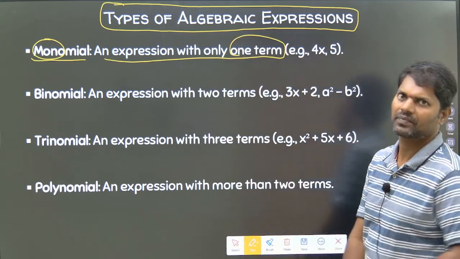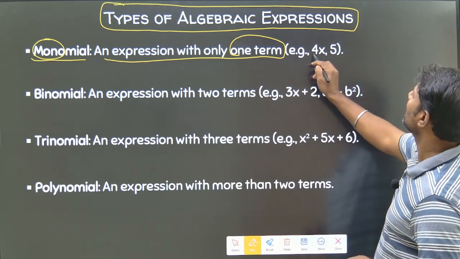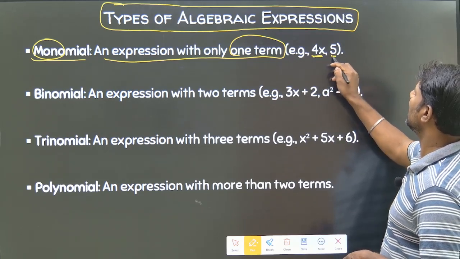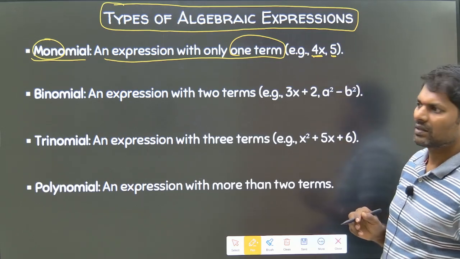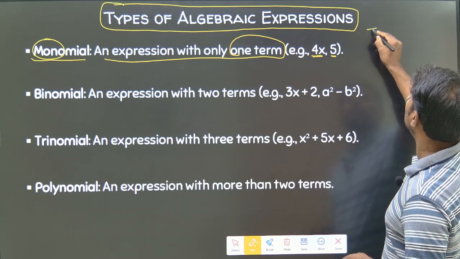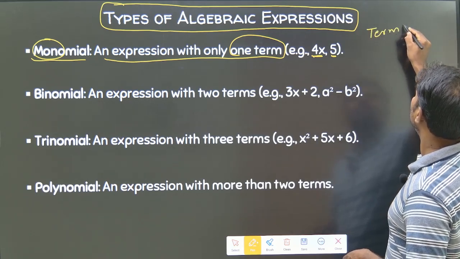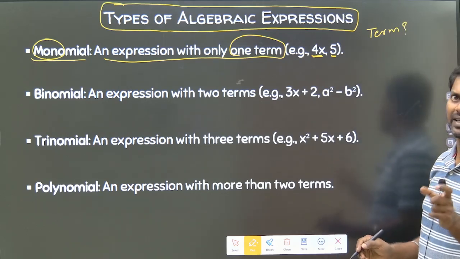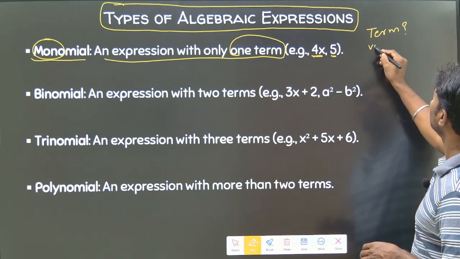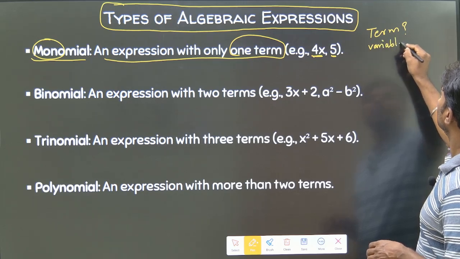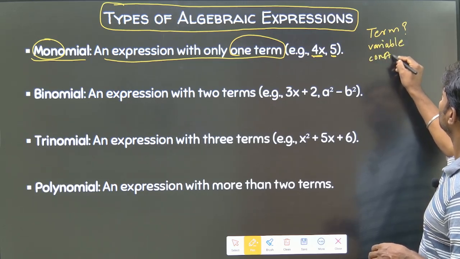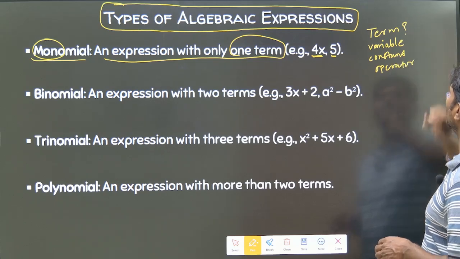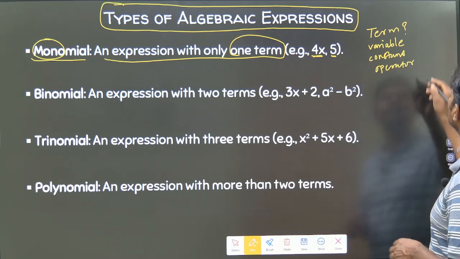One term means, what is meant by one term? One example, 4x + 5. So, this is one term, this is another term. What is meant by term? The algebraic expression contains variables, constants, and operators.